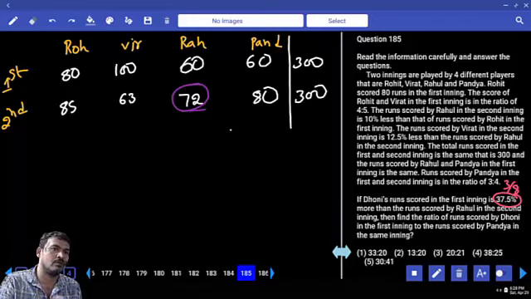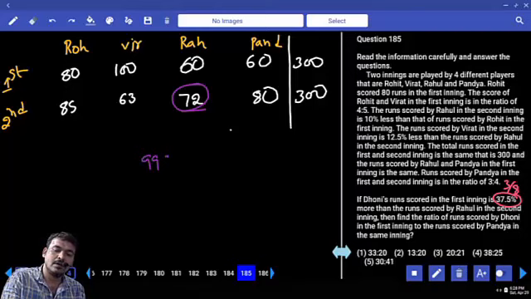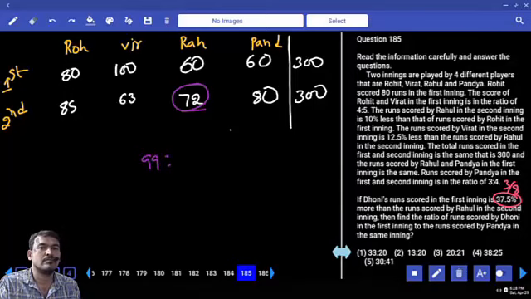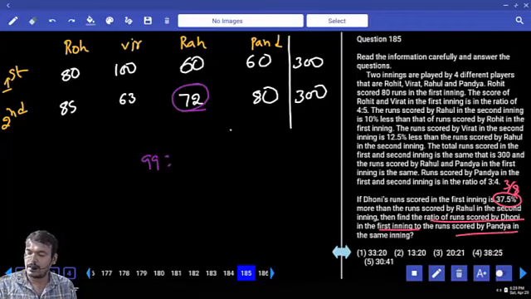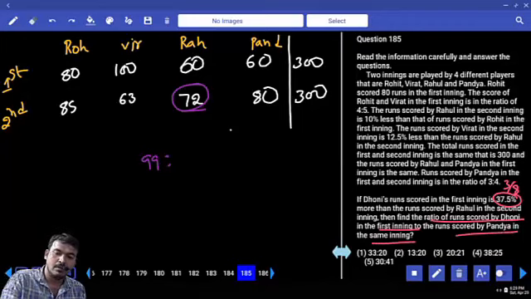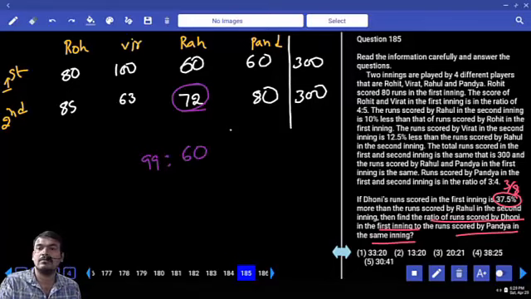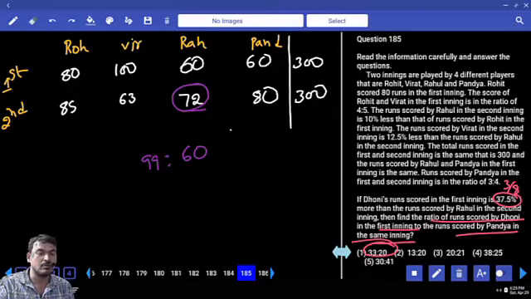What is the 1 part value? 9. 11 parts is 99. That is the Dhoni score. And find the ratio of the runs scored by Dhoni in the first innings to the runs scored by Pandya in the same innings. Pandya in first innings is how much? 60. And what is the ratio between 99 and 60? 33:20.